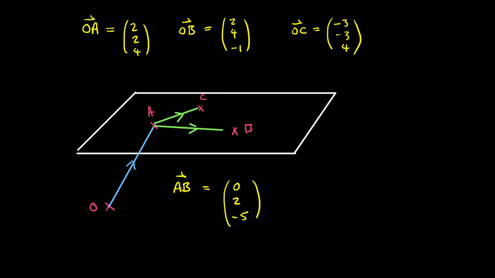So that's the vector AB. I also want the vector AC, and the vector AC is OC minus OA, so I'm going to get negative 3 minus 2, so that's negative 5. Negative 3 minus 2 is negative 5, and 4 minus 4 is 0. So that's the vector AC.